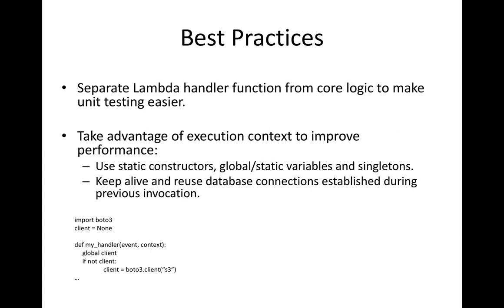We can take advantage of the warm start functionality by using static constructors, global variables, and singletons within our Lambda function. So for example, if my Lambda function needs to set up a connection to a database, I wouldn't want to set up that connection every single time the Lambda function was invoked.